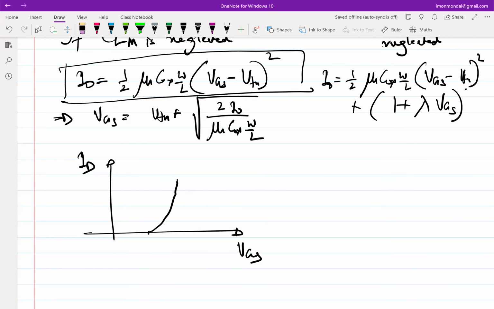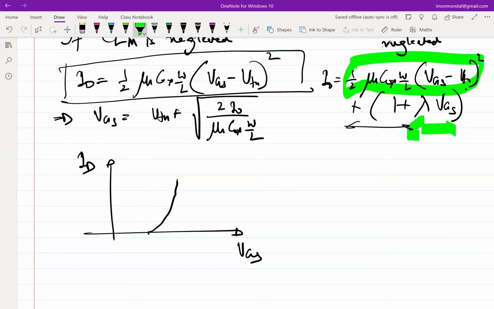So now, if this equation becomes valid, we see that this equation is essentially whatever it was supposed to be plus some lambda times VGS. I can break it up into two parts. One part is where channel modulation didn't exist, plus an additional fudge factor, an additional correction factor.